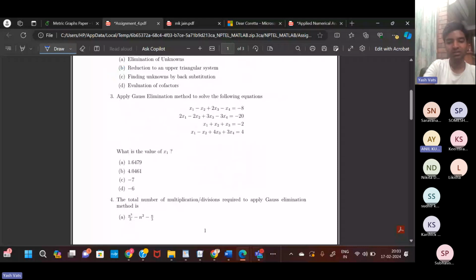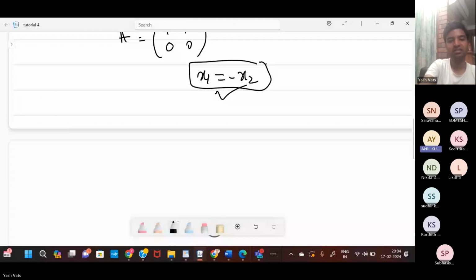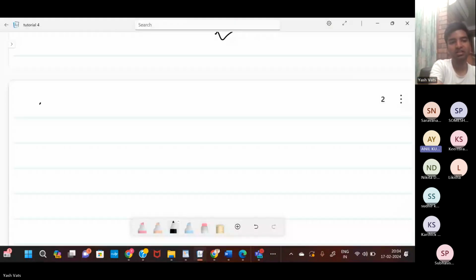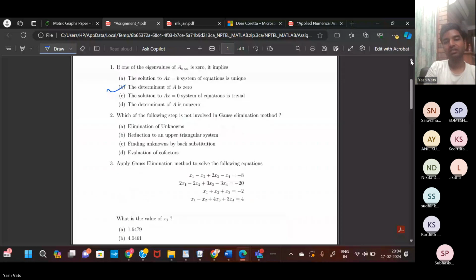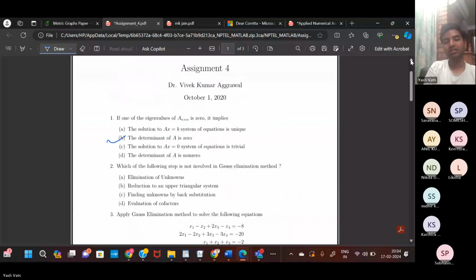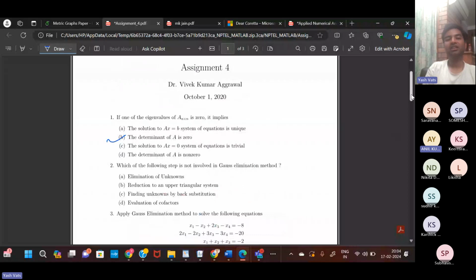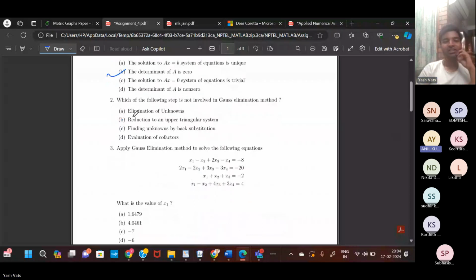Excuse me, sir. In equation 2, option first, elimination of unknowns. What is the clear meaning of this option? Let me see. Elimination of unknowns. Elimination of coefficients should be clear, but elimination of unknowns? So we are trying to eliminate unknowns.